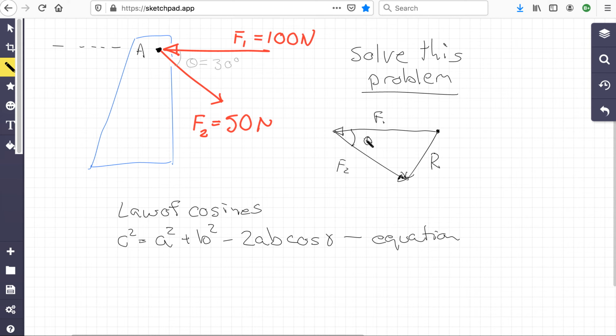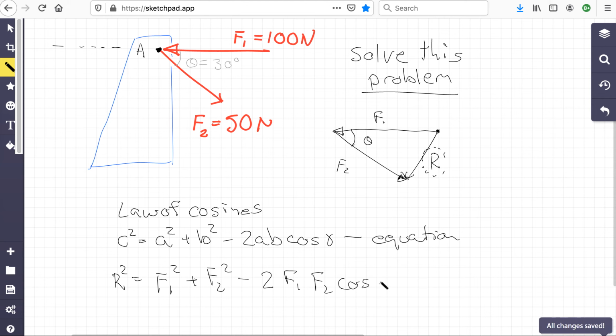Since we know this angle is opposite the side we're trying to find, which is R, we can rearrange this to get R squared equal to A squared, which is one of the legs of this triangle, so force 1 squared, plus force 2 squared, minus 2 times force 1 times force 2, times the cosine of this theta here.